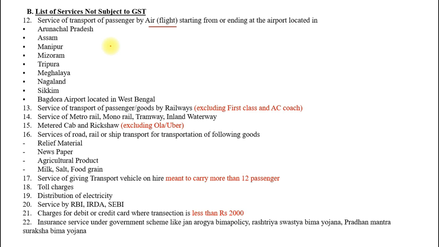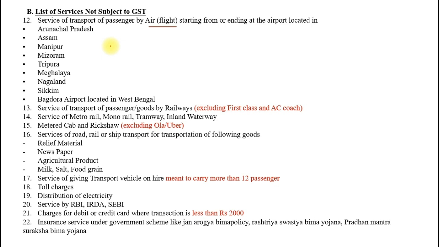Service of transport of passengers or goods by railway, excluding first class and AC. First class and AC have tax, but other than that, second class, third class, there won't be any GST. Service of metro, monorail, tramway, inland waterways is exempted. Metered cab and rickshaw exempted, except Ola and Uber, because they are private services.